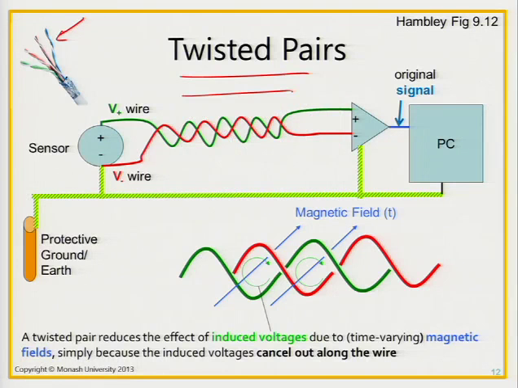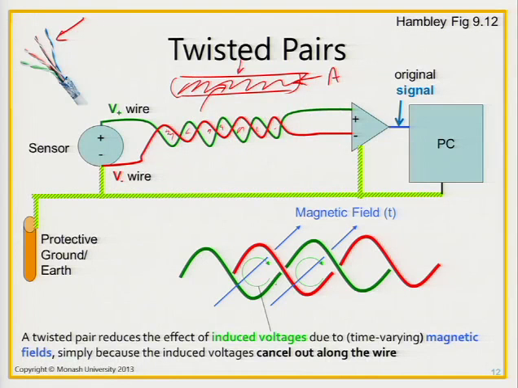If you just had signal wires like this, there's a circuit here, and there's a big loop, and there's a big area in here. So the voltage induced in these wires is proportional to this area. By twisting it together, we reduce the area of the loop of the wires that the magnetic field can get into.